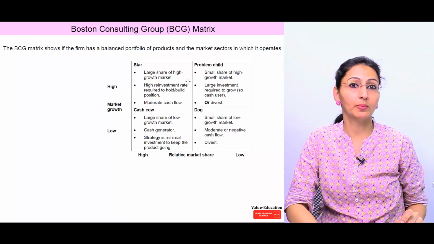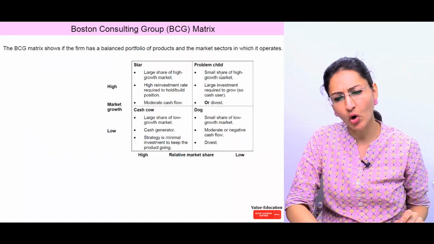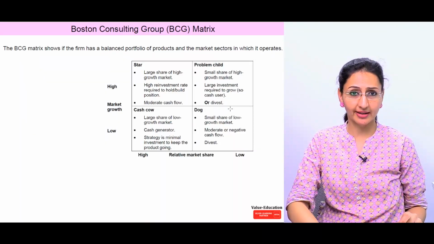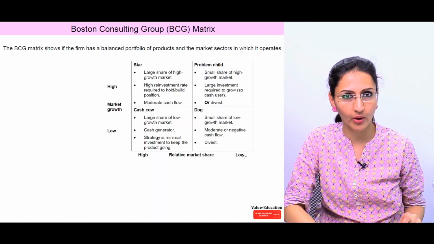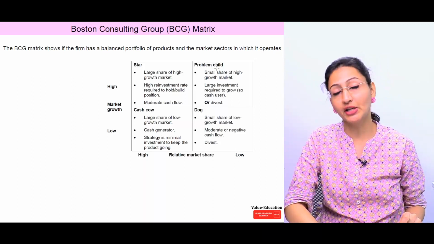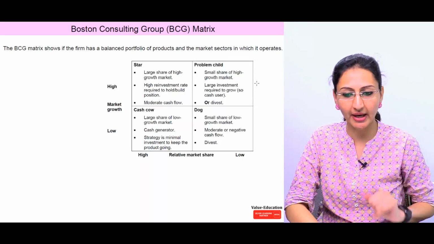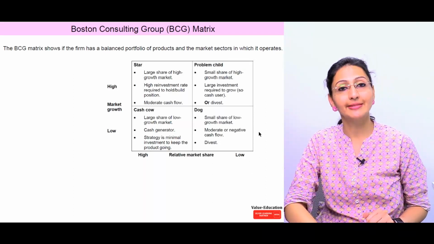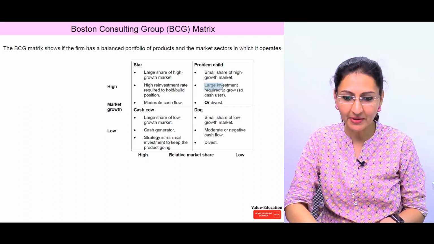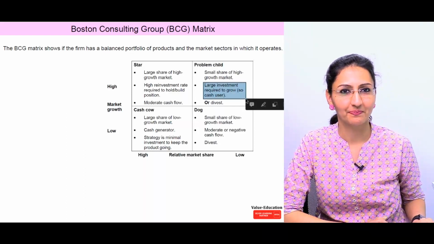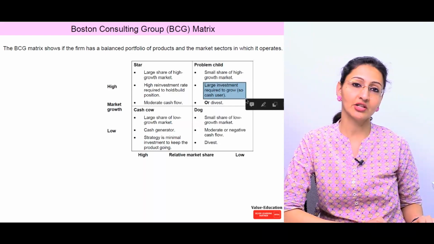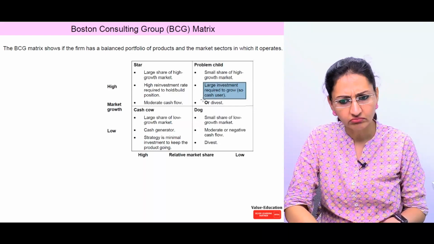Now let's come to problem child. Problem child is a small share of a high growth market. That means their share is really low, but their potential of growth is high. The market is a growth market, but their share is small. Large investment is required to grow, or divest.